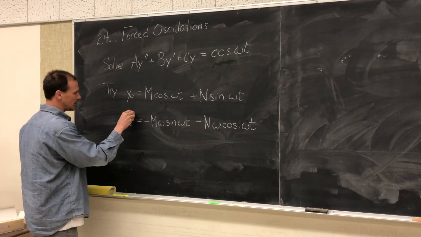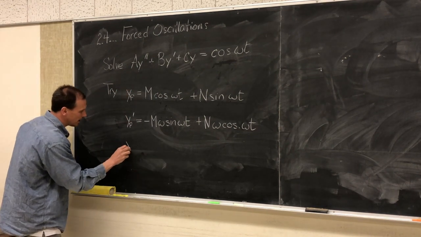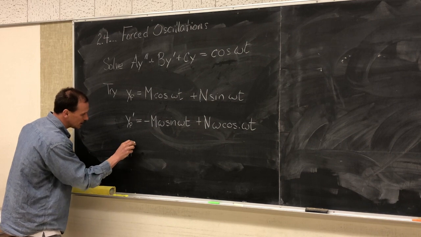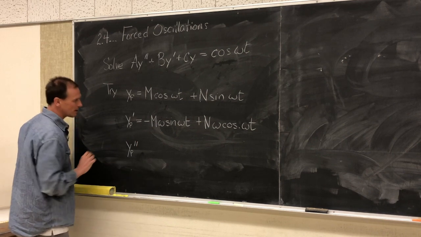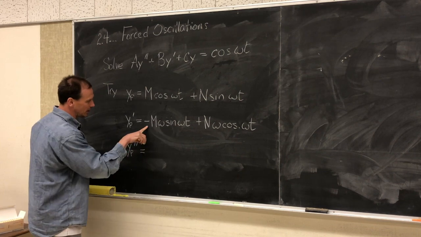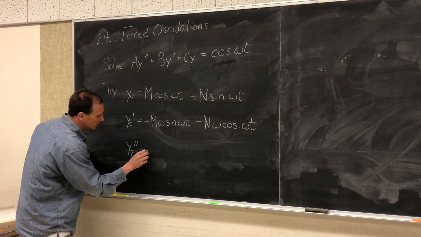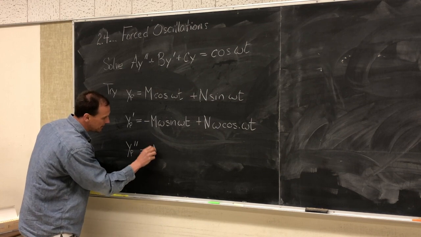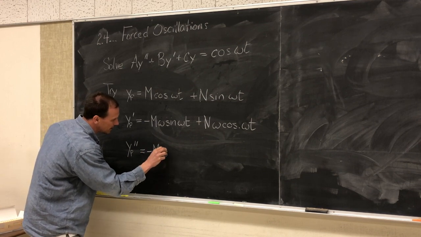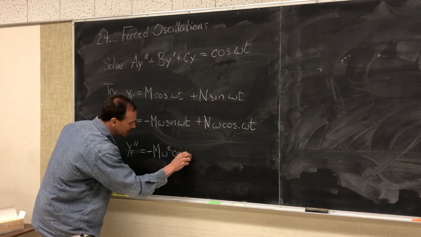And then let's take our second derivative. We're going to need that as well. So y particular double prime is going to be equal to, my sine will become a cosine, and I'll still have a minus, and I'm going to pick up an omega. So I'm going to have minus m omega squared cosine omega t.